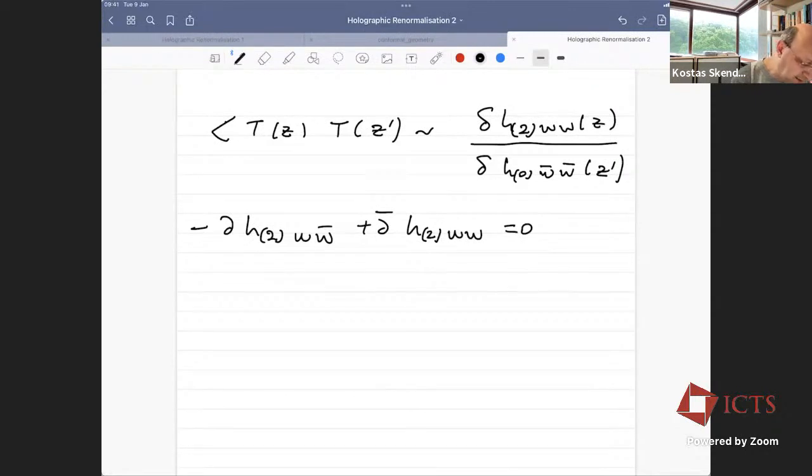And now from here, I can solve this for H2. You can see here I need H2 with these indices, and this appears over here. And I can solve it. I can use complex calculus, with D bar.